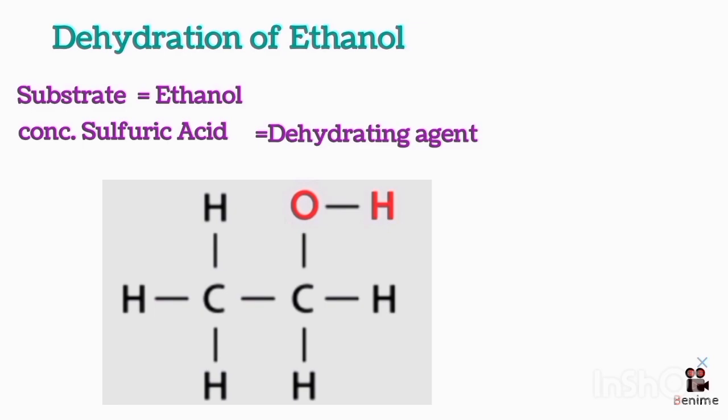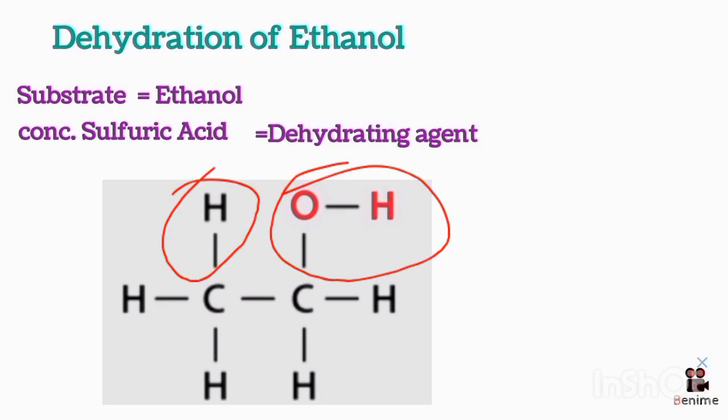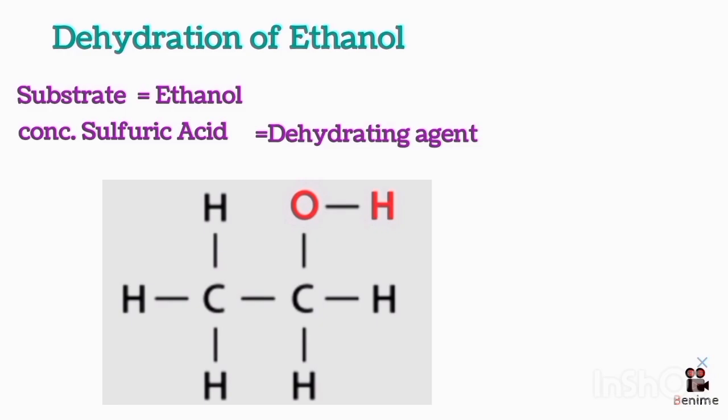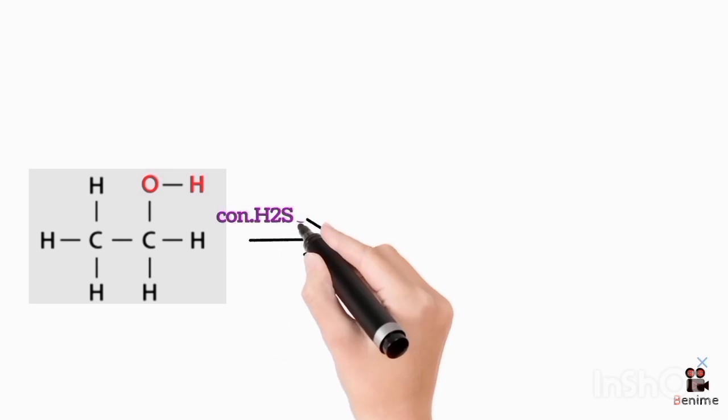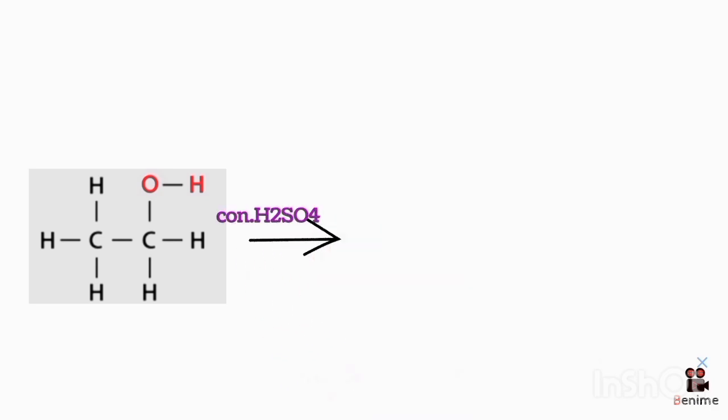Structure of ethanol. The structural formula of ethanol is CH3-CH2OH. Ethanol contains a hydrogen atom and a hydroxyl group attached on adjacent carbon atoms. What happens during elimination reaction? During the reaction, 1 hydrogen atom is removed, and one hydroxyl group is removed.